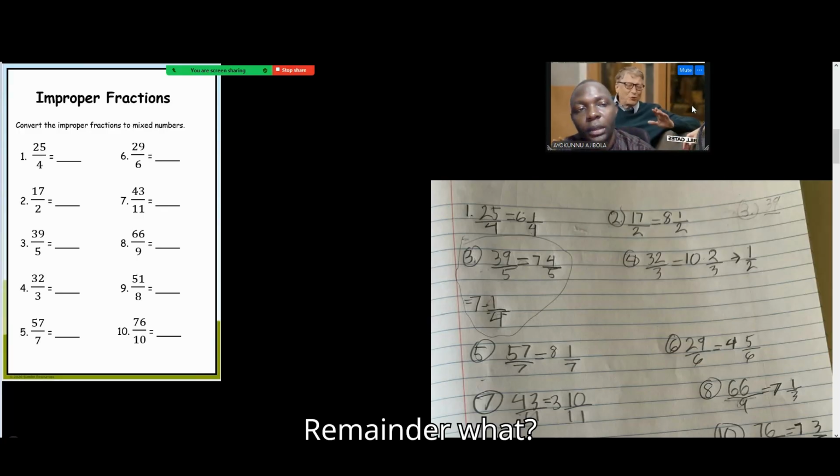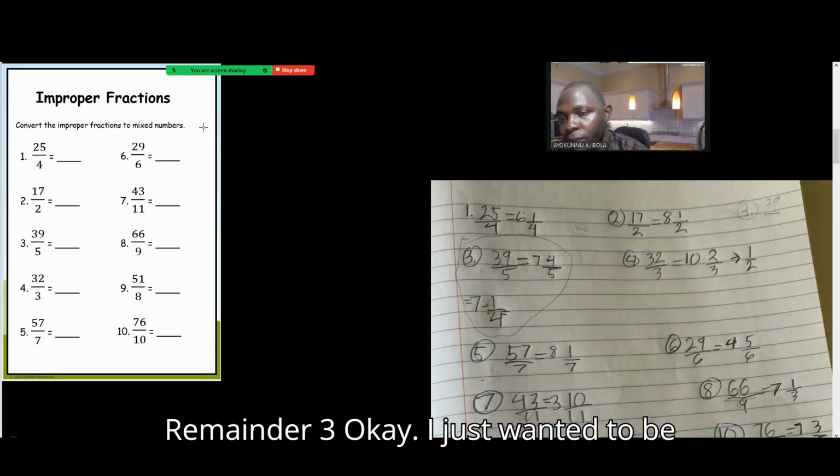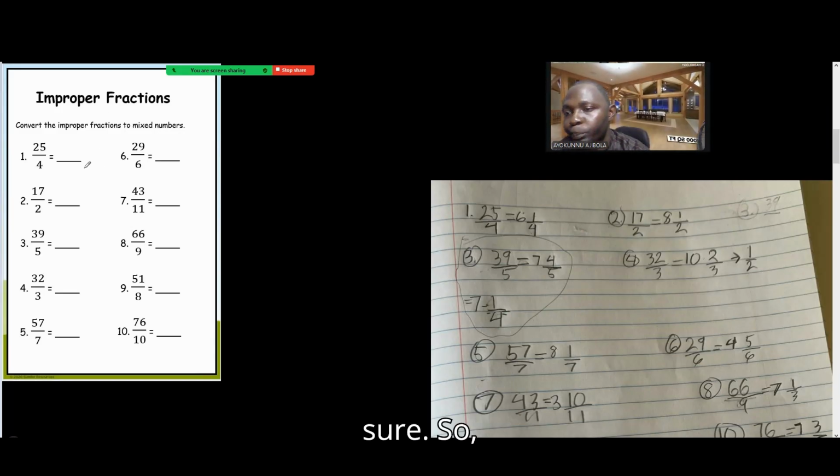Remainder what? Remainder 3. Okay, I just wanted to be sure.